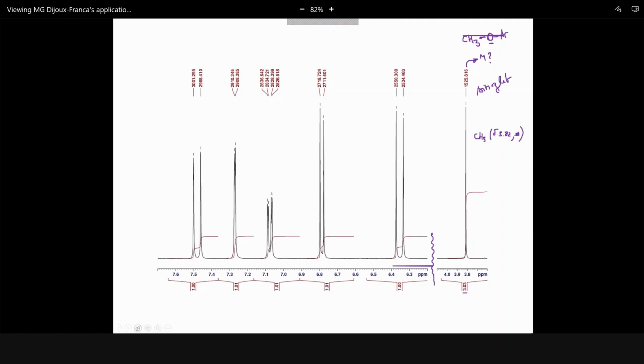And what about the other part of the spectrum?